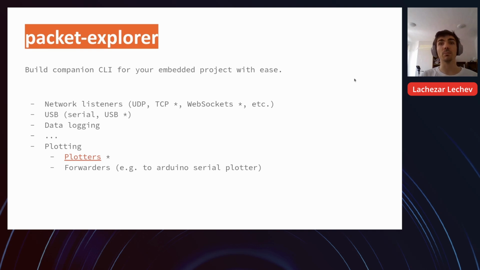But what is important to know is that every project is different, and even every medium is different. So if your embedded project sends one kind of data type or serialized data over UDP, let's say JSON, it might not send JSON when you're talking about serial communication over USB.